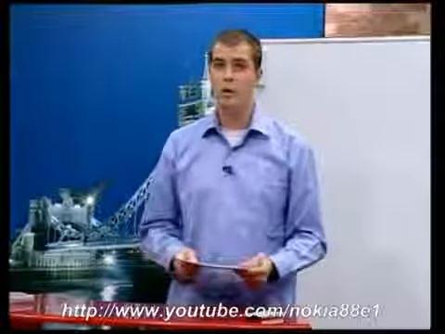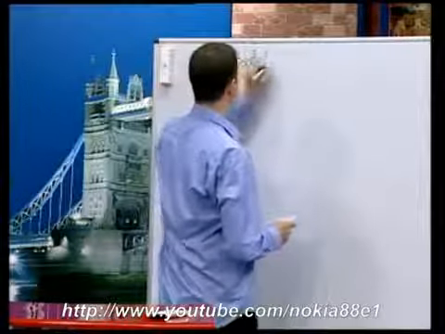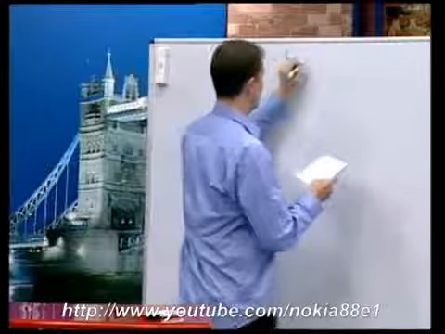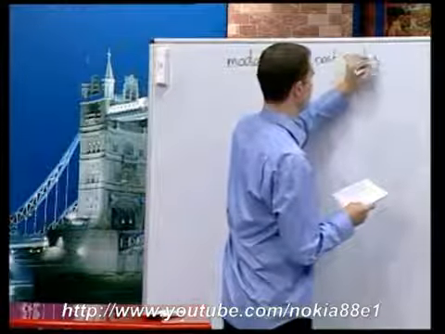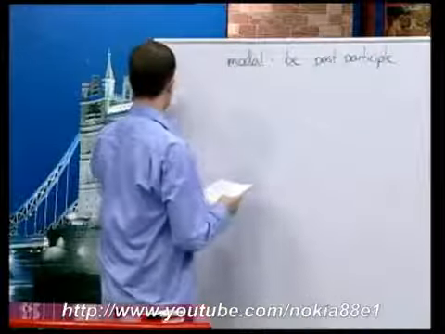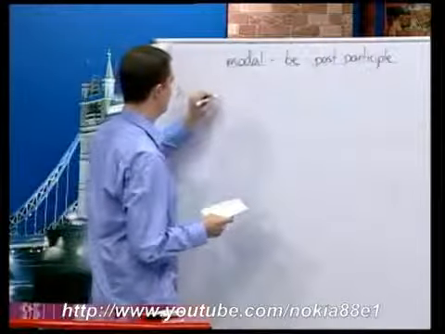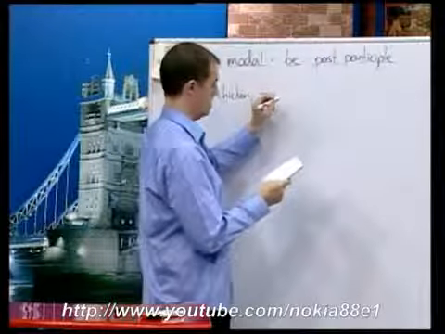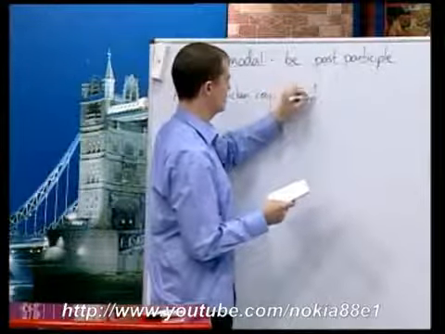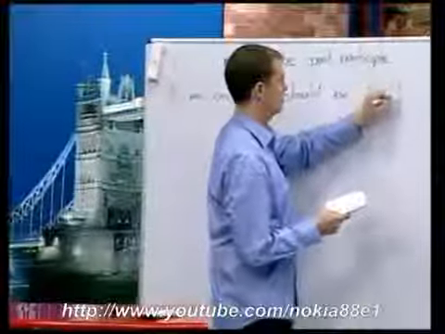The barn could be painted. Now, to form the passive voice using modals, we use this form. Modal plus be plus past participle. Right, so a new chicken coop, modal should, be, in the past participle, built.